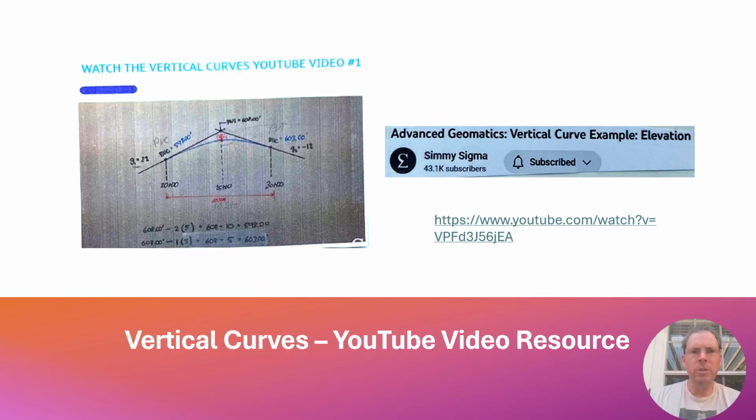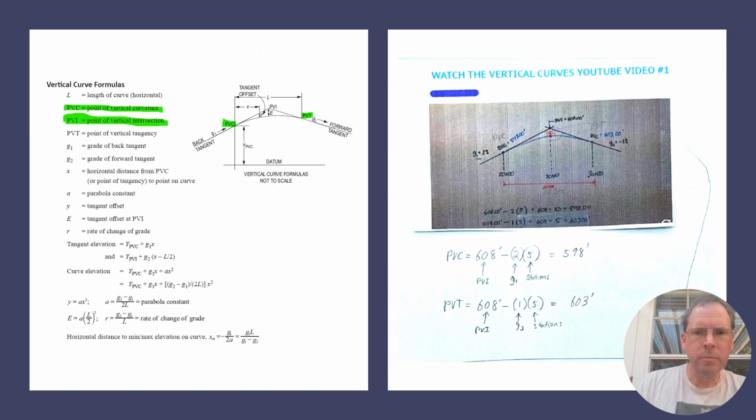I think the best thing to do is to direct you all to this YouTube video by the Semi Sigma fellow. Just do a search on YouTube under vertical curve example elevation. You'll see his come up. He does an excellent job of explaining the basics of these things. One thing to note, like in his first example, looking at the equation you'll be given in your exam booklet, the PVC here, he calls the BVC, the beginning of vertical curve.